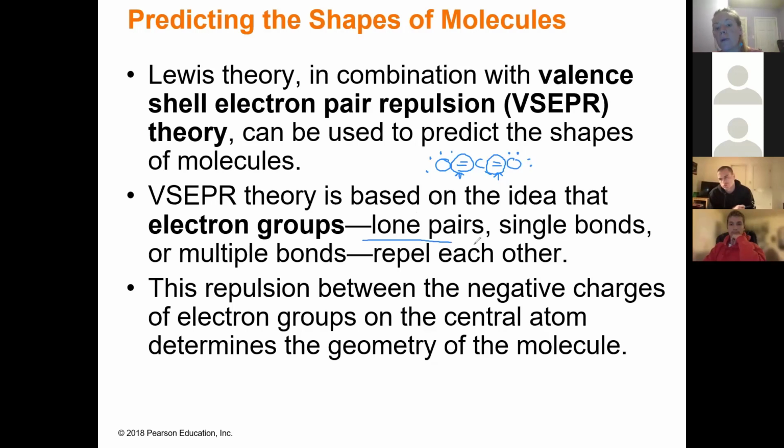When it's talking about lone pairs, it's only referring to lone pairs on the central atom. It doesn't matter what lone pairs you have on the outer atoms. They don't dictate the shape. It's hard to explain this over Zoom because we're working with 3 dimensions, but if you think of my body as the central atom and my arms as the bonds, and then my hands are the outer atoms, my fingers are the electrons on the outer atoms.